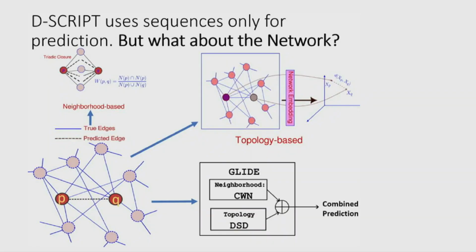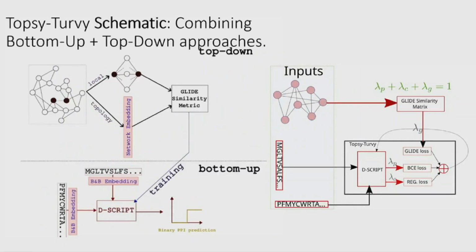A lot of the previous bioinformatics tools for predicting these interactions are based on this kind of network analysis, where people come up with different featurizations and descriptions of the neighborhood structure and topology, using some complex algorithms.